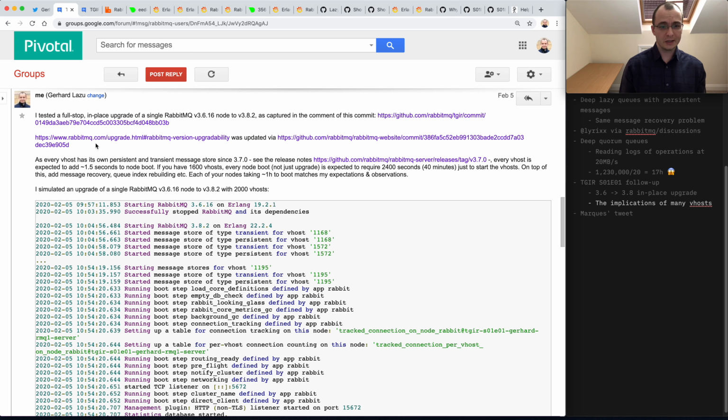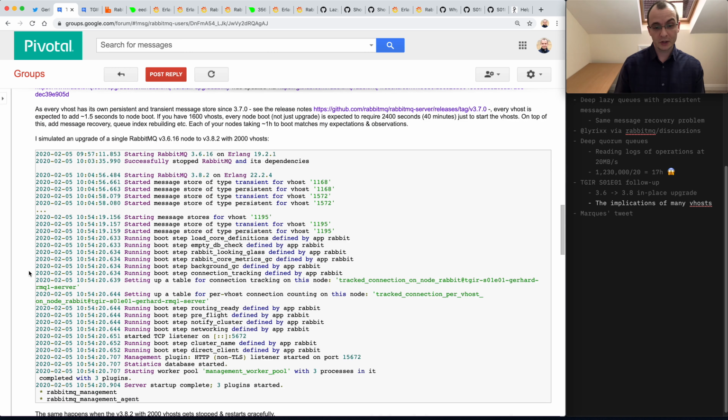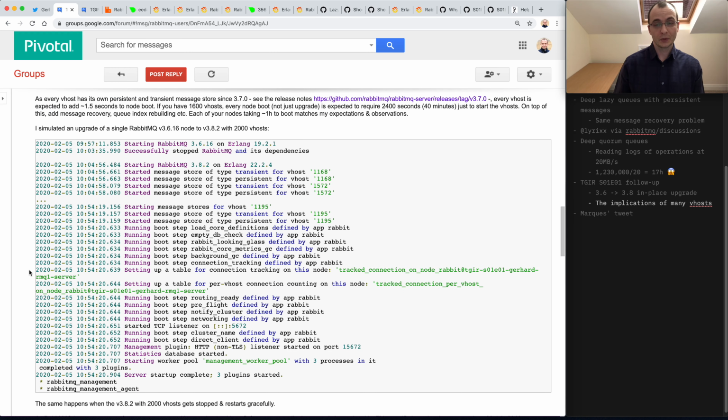So in this user's case, about 1 hour for a node to boot was normal because there were so many vhosts. So another pro tip, don't have that many vhosts. If you have more than 100 vhosts, maybe that's enough, and maybe you need a different cluster or a different node, because having too many vhosts on a single node will impact the startup.